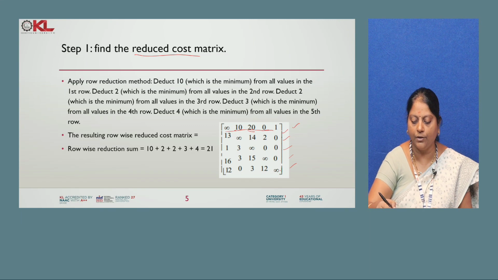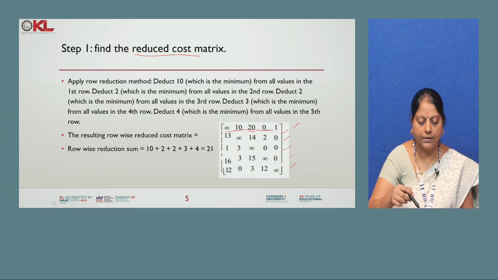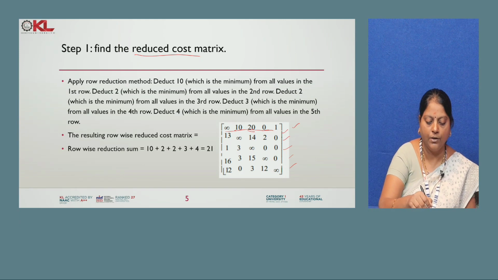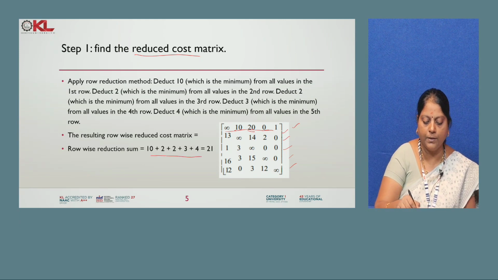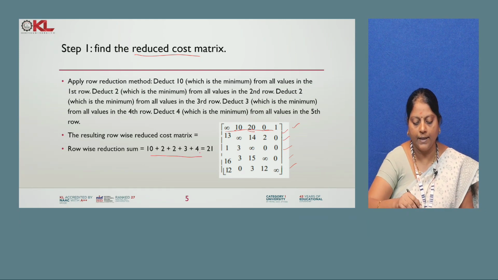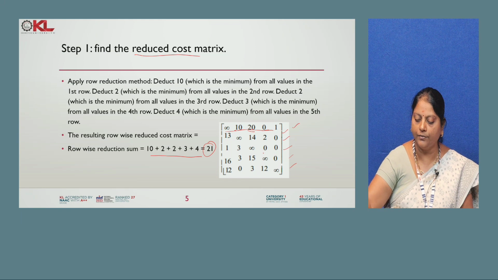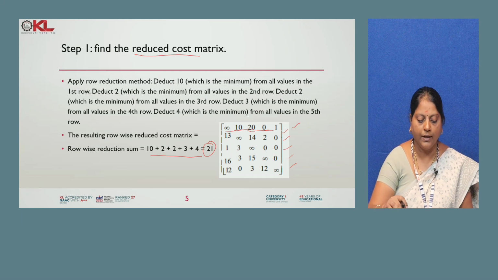Finally we got at least one 0 in each row. That is called row reduction. After row reduction, how much did we reduce the cost? 10 plus 2 plus 2 plus 3 plus 4, we get 21. This is the row-wise reduced cost matrix.